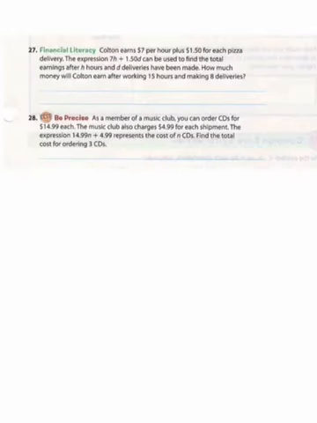All right, so let's look at number 27, financial literacy. It says Colton earns $7 per hour plus $1.50 for each pizza delivery. The expression 7H plus 1.50D, so $7 per hour plus $1.50 per delivery, can be used to find the total earnings after H hours and D deliveries have been made. How much money will Colton earn after working 15 hours and making 8 deliveries?